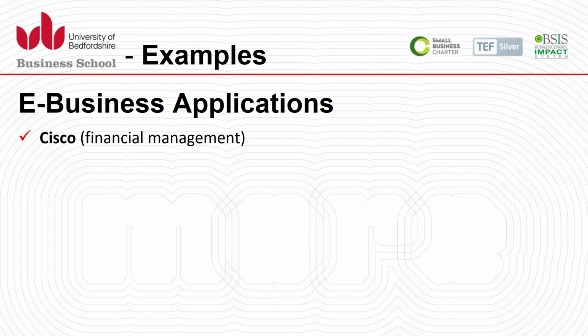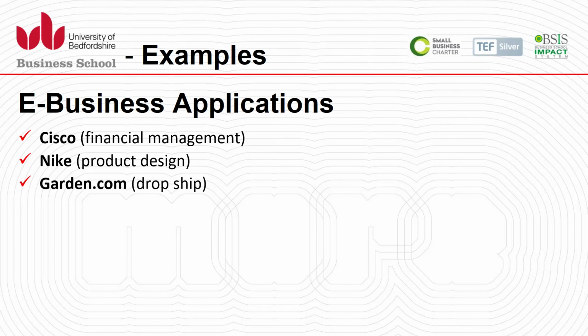This could include buying and selling of goods or services using commercial transactions conducted electronically, along with providing customer or technical support with the help of the internet. So we are looking to see how Cisco is using it, and then look at Nike production design, which is a key application for their e-business.